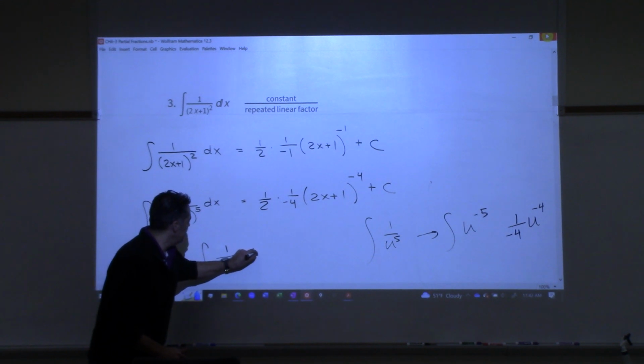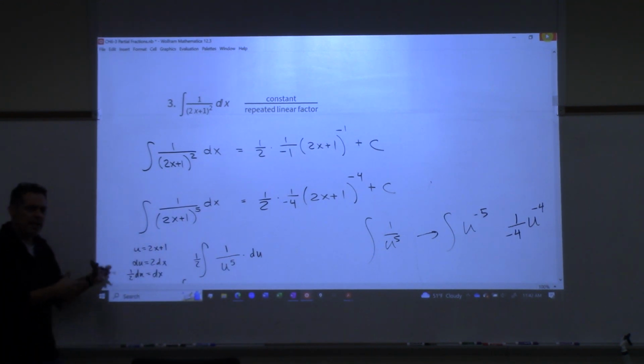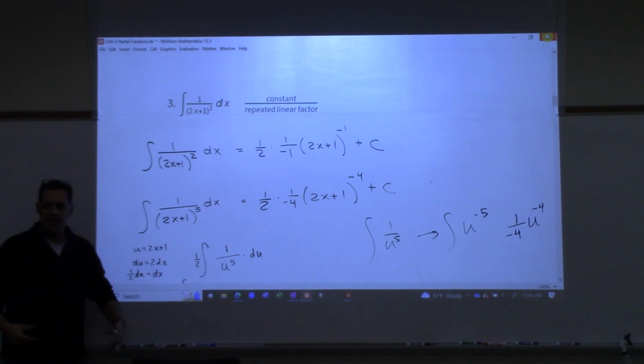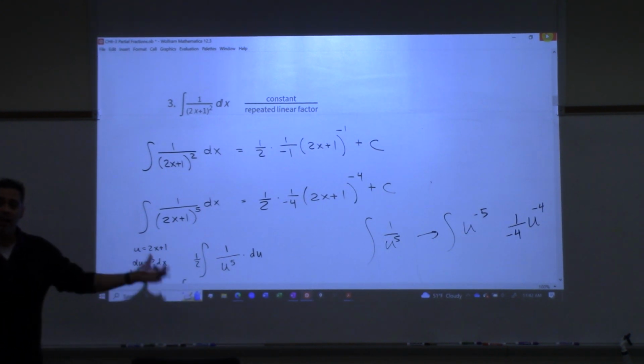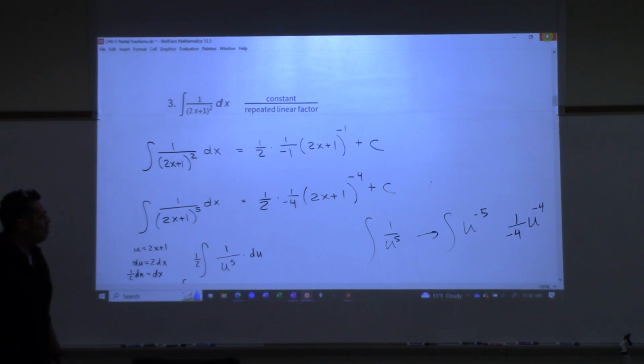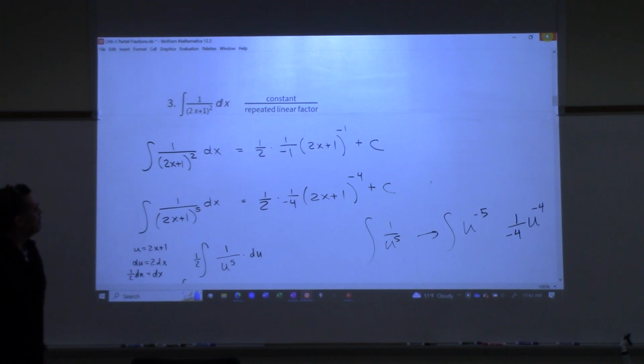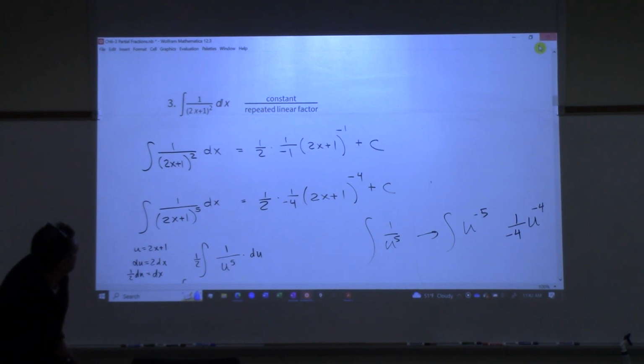This would become du, and I pull a half out. And then I could do this, right? But this is going to take time, and on a test that is timed, you do not have time to do this. So you want to get to a point where you can do it faster and faster and faster. All right, let me see what I have next.